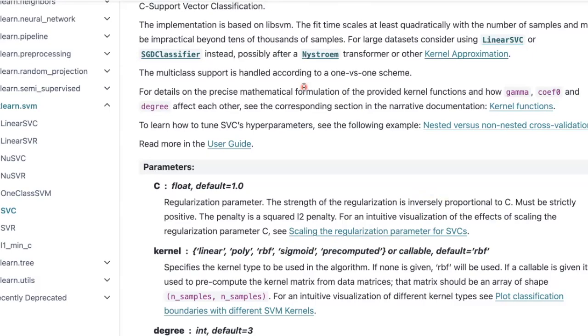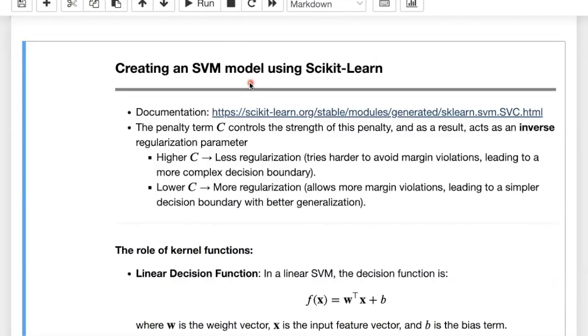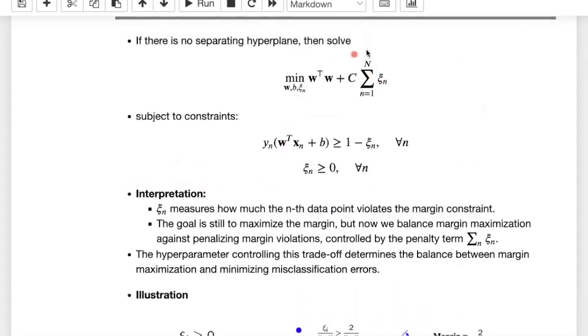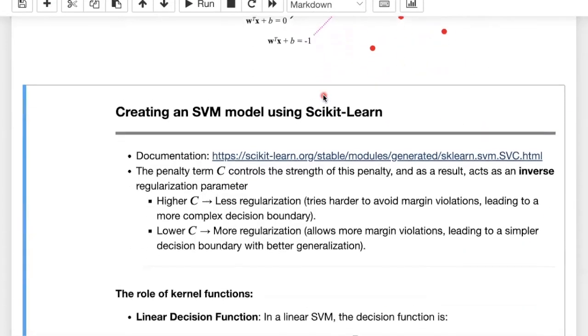So it is very important to understand this term. What does inversely proportional mean? If you look at that optimization problem that we have here, if we have a very high C, then we really cannot have any violations because we want to minimize this entire thing. And if these slack terms are also large, then we multiply this by a large number, and that's not good because we're trying to solve a minimization problem.